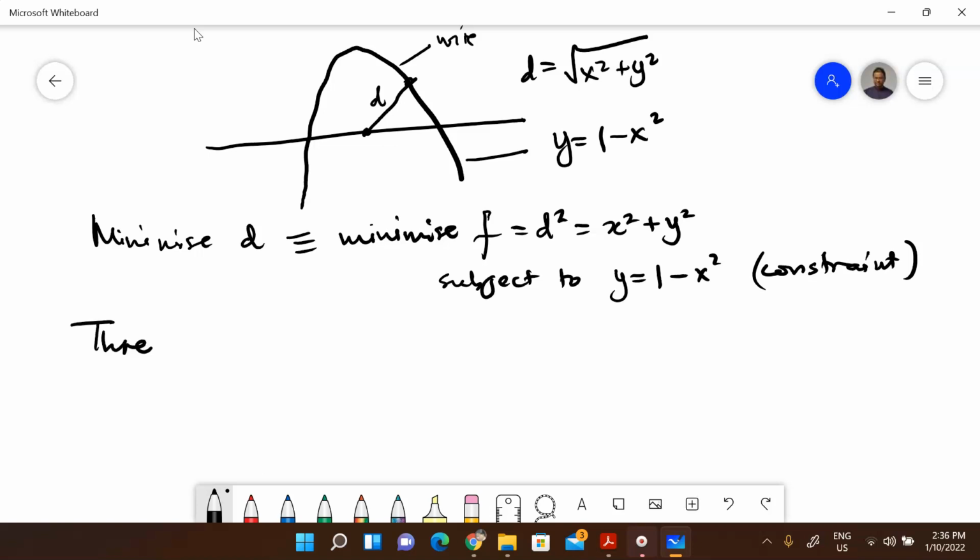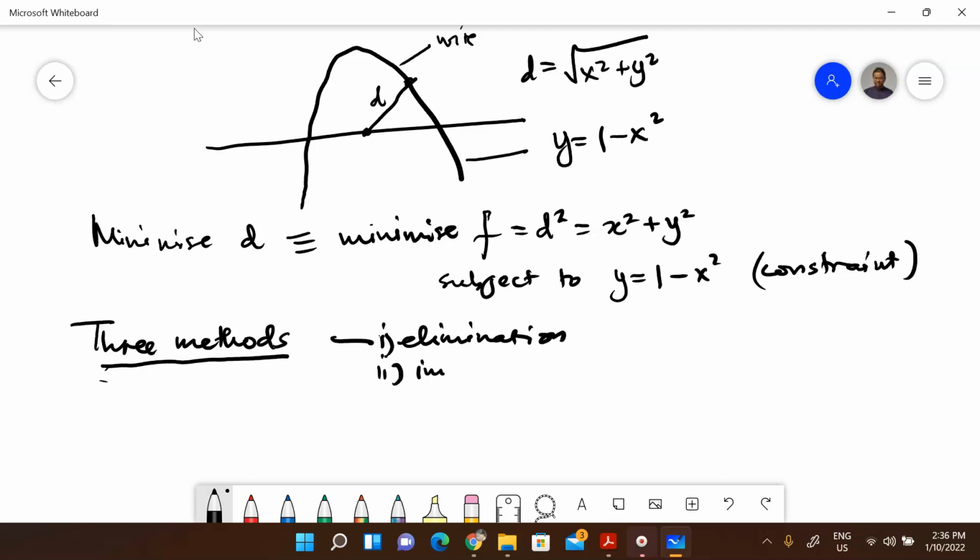We're going to go step by step here, and later on we summarize what's the difference between these three methods. The first method is by elimination, the second method is by implicit differentiation, and the last one, which we're going to defer a little bit after this particular example, is the technique using Lagrange multipliers.